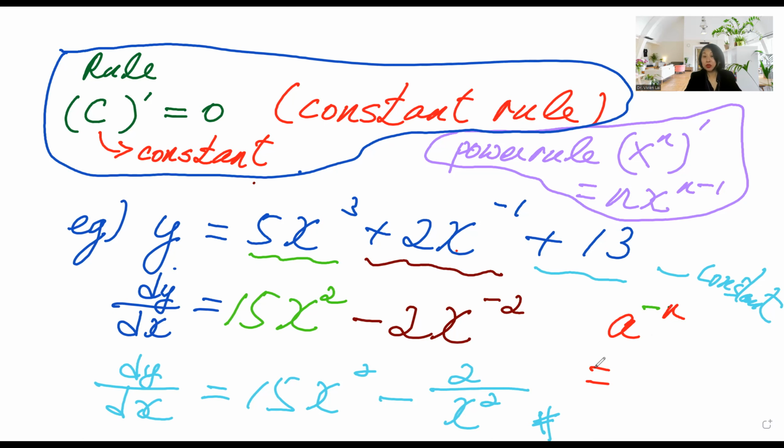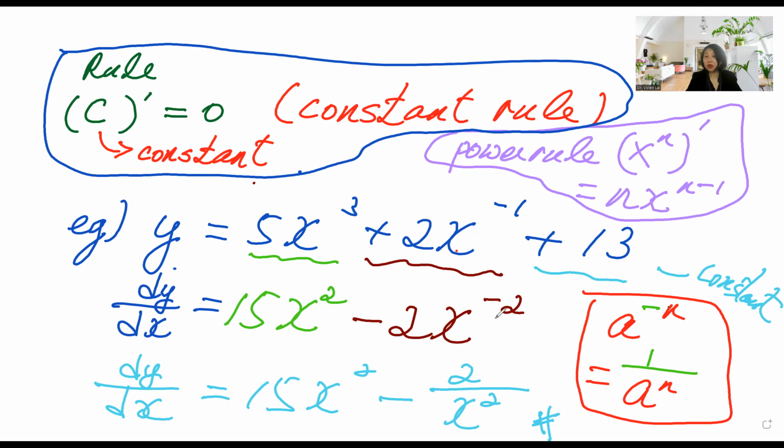Imagine the negative actually is 1 over, and then the base and the index go down below and become positive. So the same goes here. That's why it becomes this, applying this rule for the last one. Okay, can you see it? Is it all right? Yes, it's good. You're doing a good job.